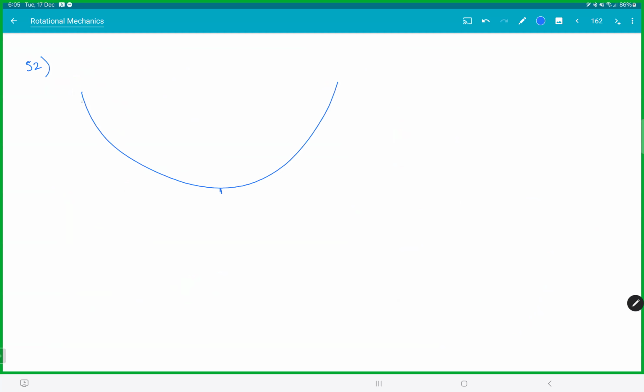We have a bowl kind of shape here. This side is rough and there is no slipping. This side is smooth. So we have a solid sphere of mass and radius released from height h. Let this point A be the lowest point.